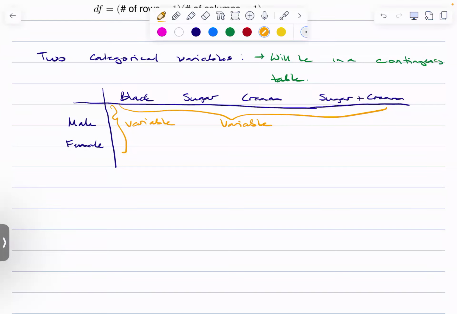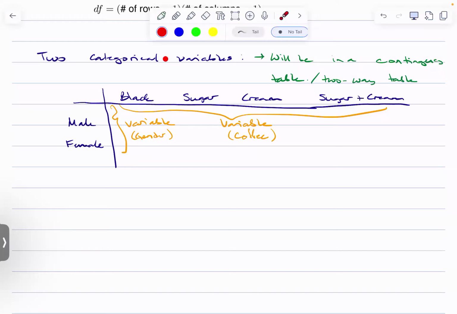So we have a gender variable, and here we have a coffee variable, or I guess coffee or tea or whatever. Who cares? Both of those are categorical variables. So now I have a two-way table or a contingency table of two categorical variables.